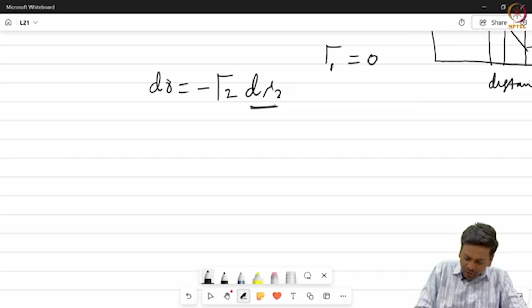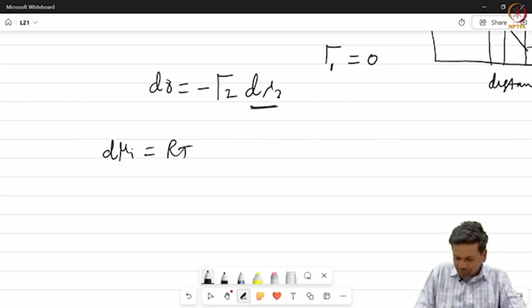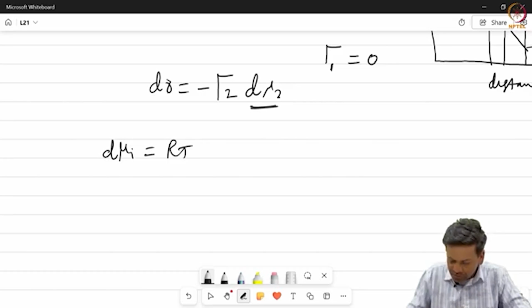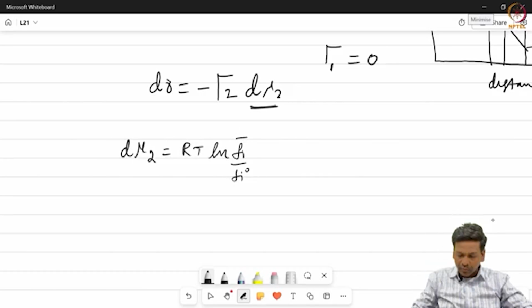So, we know from the mixture d mu i is going to be RT ln fi bar by fi naught, okay. Here we know the change in chemical potential for a mixture, which is nothing but RT ln fi bar by fi naught.